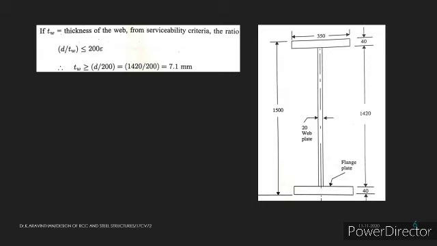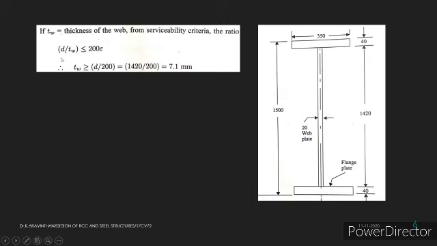Okay, let us go for the next check. In IS 800 there is a ratio for the serviceability condition. For the serviceability criteria, the ratio of depth by thickness of the web. In order to find the thickness of the web, let us substitute the components here. We know the depth of the web is 1420 and we need the thickness of the web.